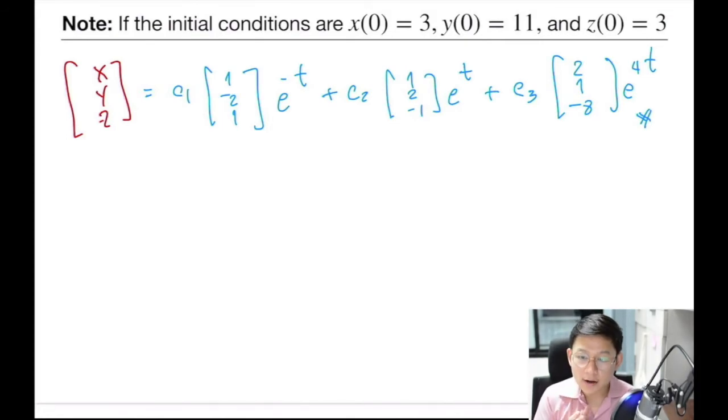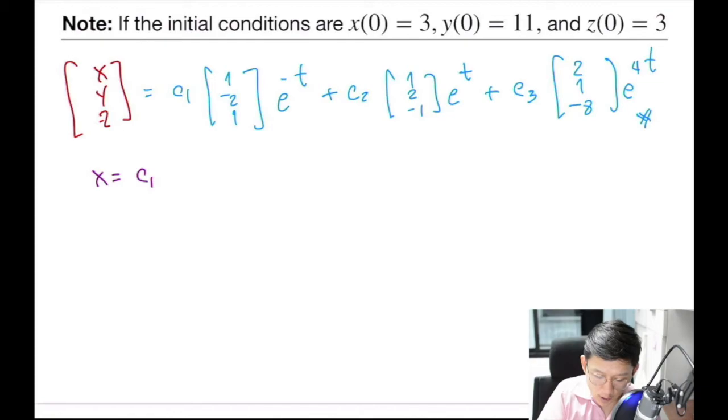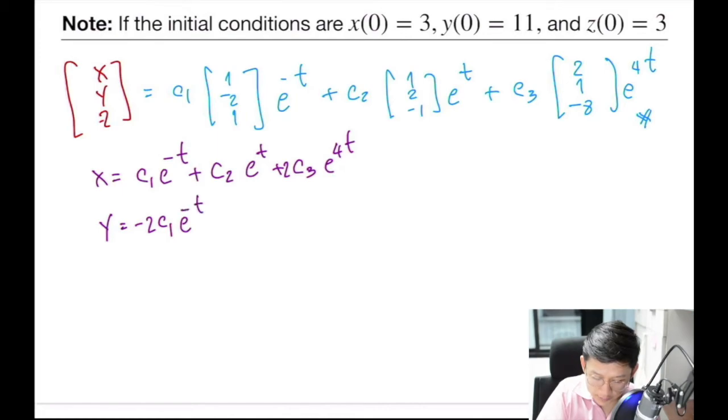So if you write it down in the regular form, you would have that x equals c1 e to the minus t plus c2 e to the t plus 2c3 e to the 4t. And similarly, you get y equals minus 2 c1 e to the minus t plus 2c2 e to the t and plus c3 e to the 4t.